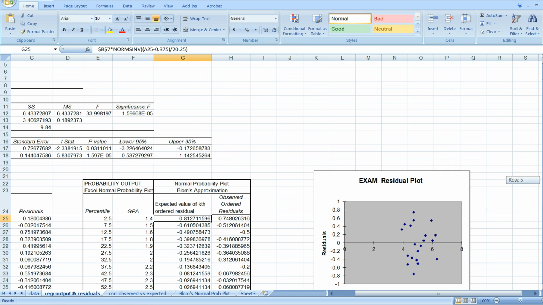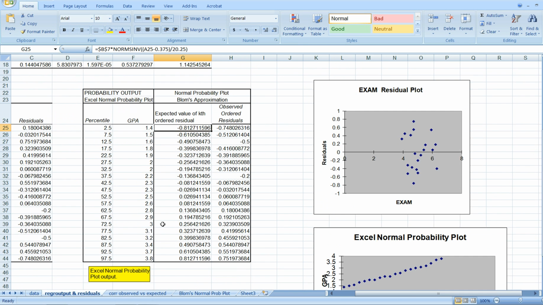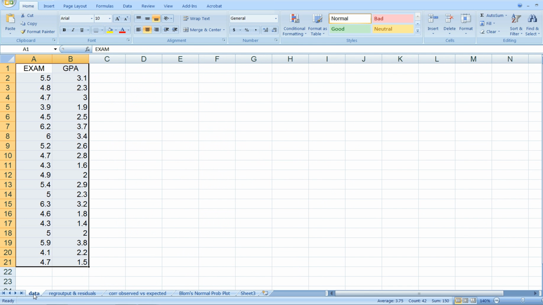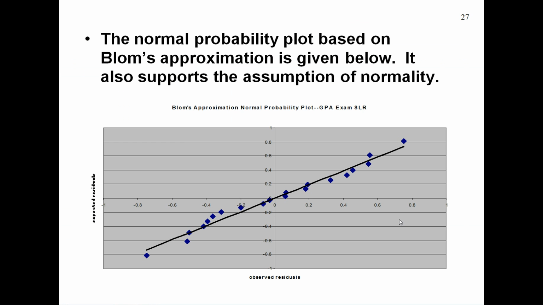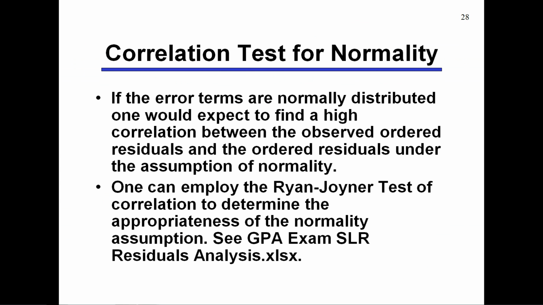Now I need to get back to the slides. Here we go. Here's a repeat of the normal probability plot using the technique discussed in our book, and I feel pretty good about it. The other thing that we could do is a correlation test.